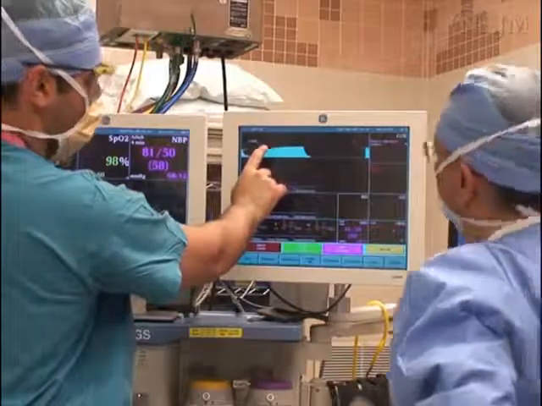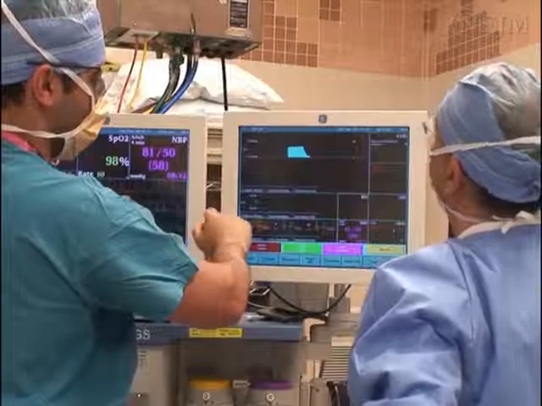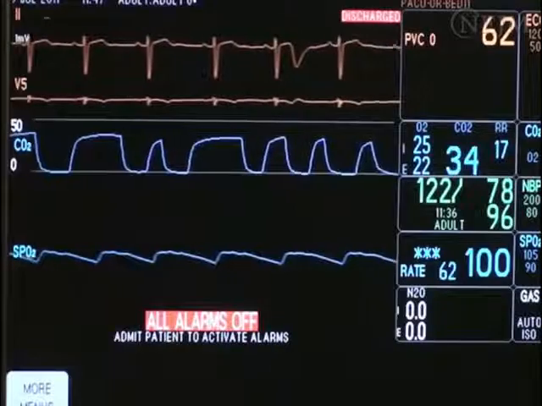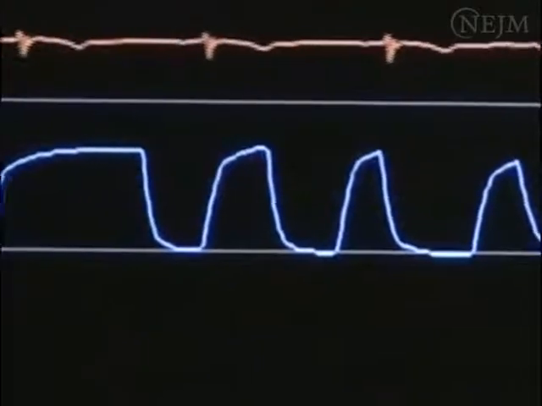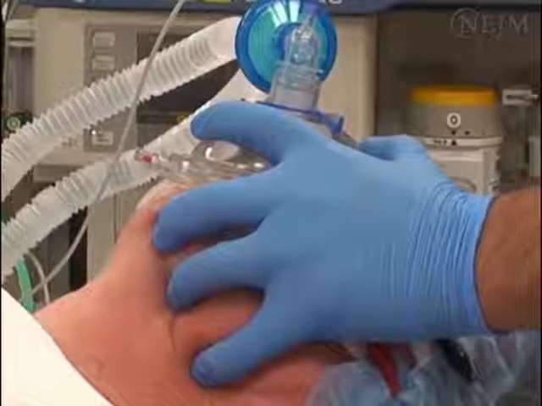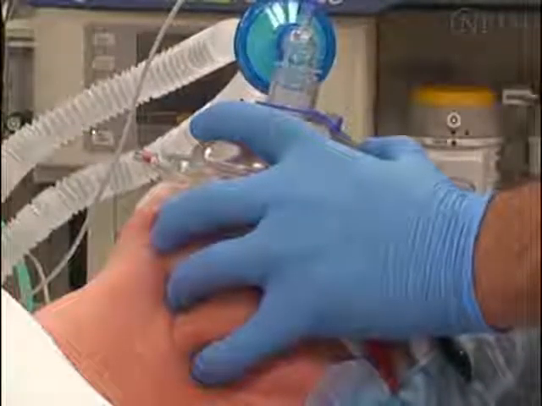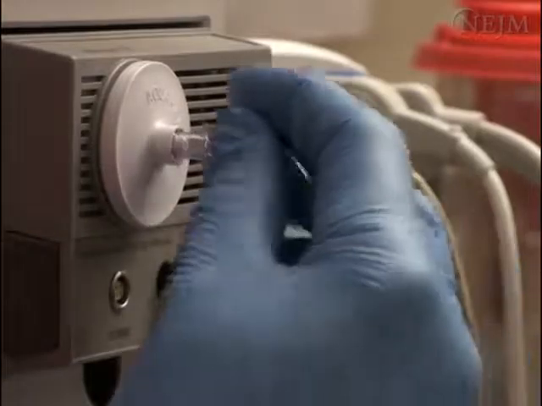Capnography allows for non-invasive and continuous monitoring of carbon dioxide levels and can provide valuable information regarding the metabolic, circulatory, and respiratory conditions of a patient. Although capnography is not complicated, the clinician must understand the principles of capnography and how the equipment works in order to interpret the information it provides.